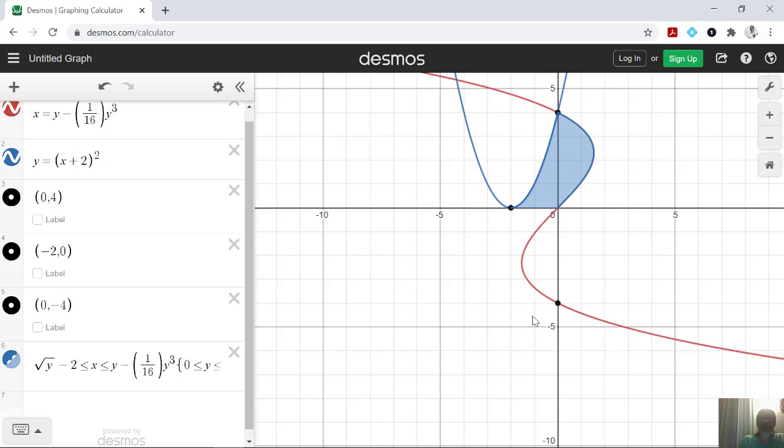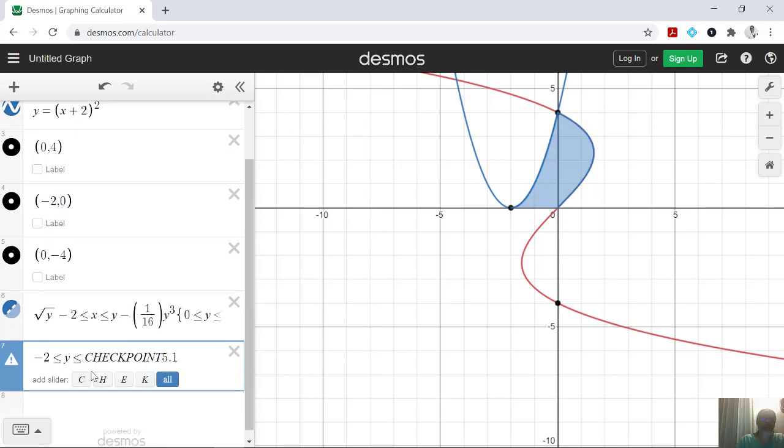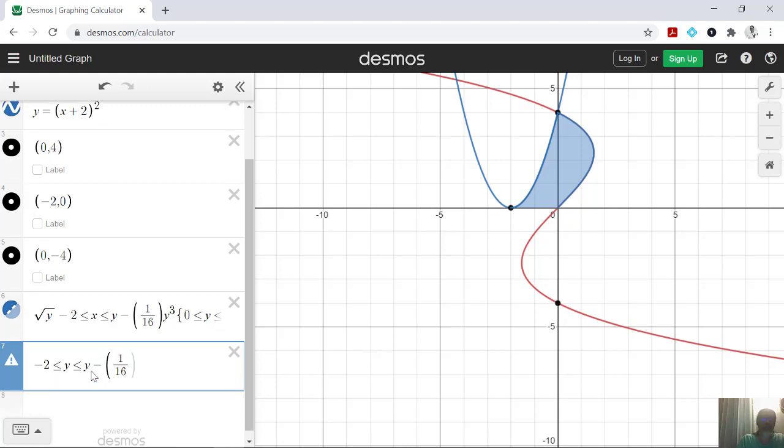Now let's see if we can recreate the bottom part using the way we express the limits of integration. I believe this was a -2 less than or equal to x less than or equal to that same function. Let me just type it in then: y minus 1/16 y cubed.